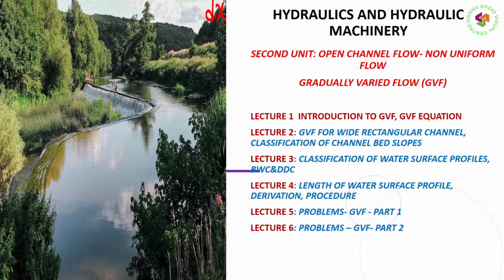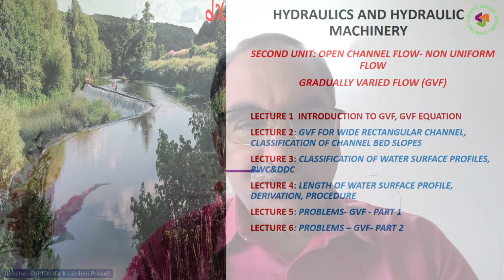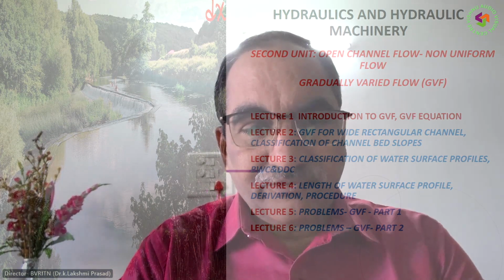This is the topic which is very important from the examination point of view, also, where you need to explain the procedure and also to solve a problem based on the procedure. So, we will do the same in this lecture.